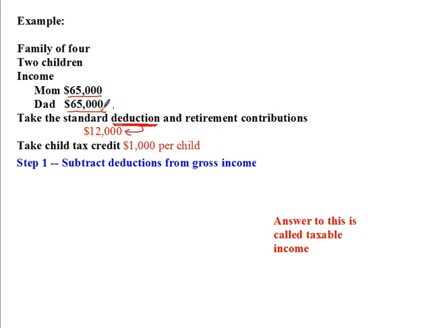They also get a deduction for their retirement contributions. Let's say they decide to put $10,000 into retirement accounts. These can be things like a 401k, a 403b, or a traditional IRA. We're not going to get into all the details right now, but these are the names of different retirement accounts.